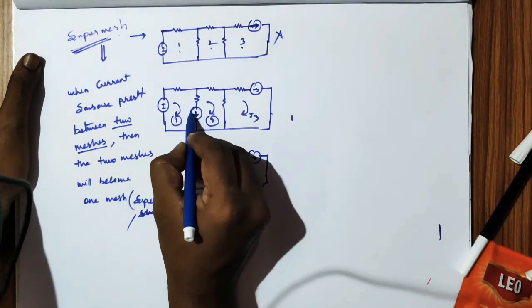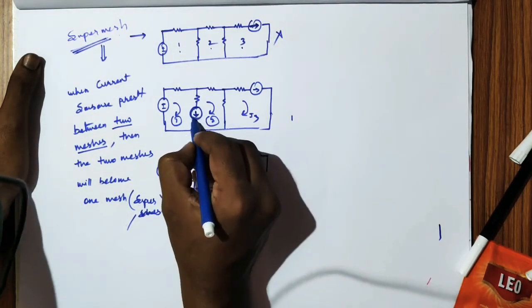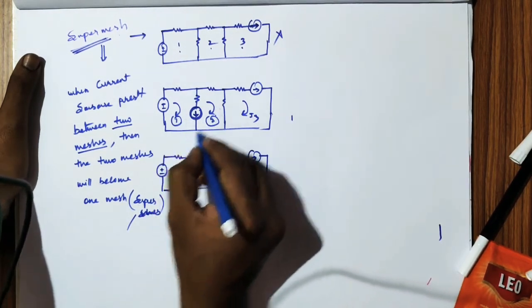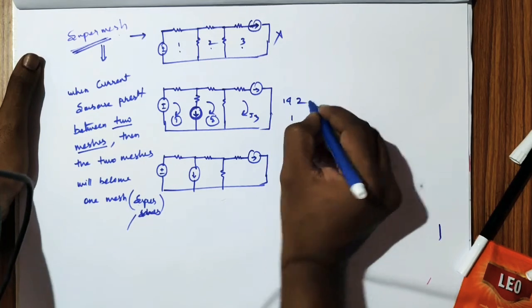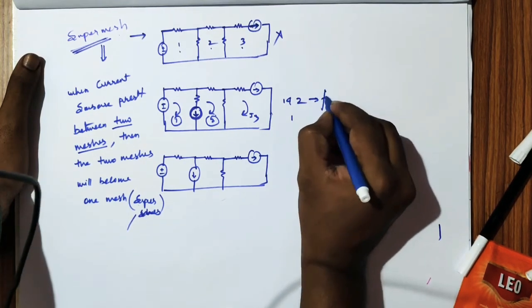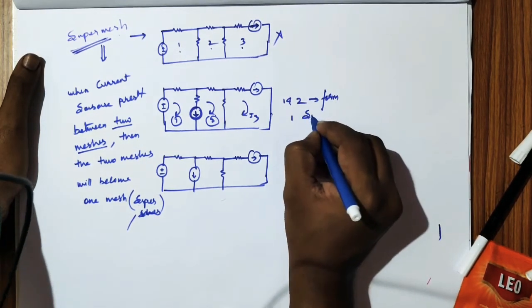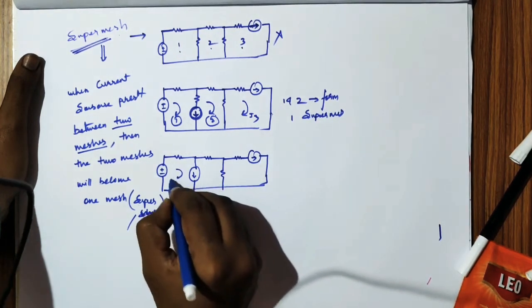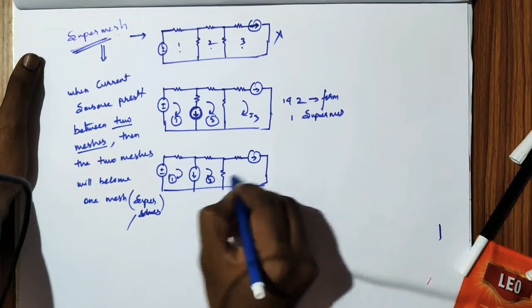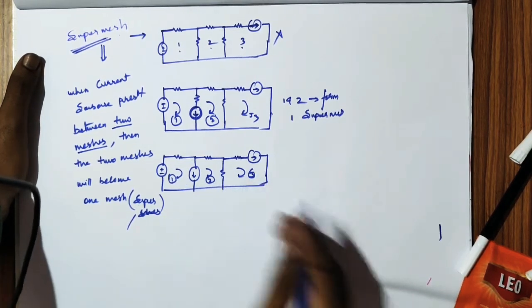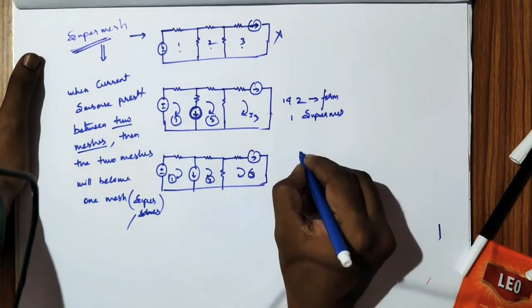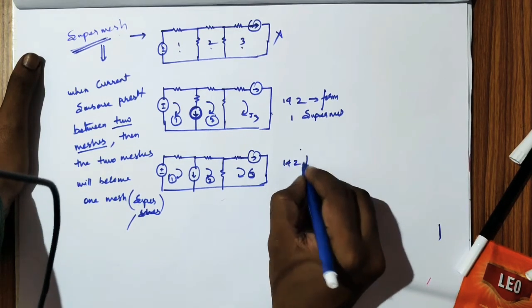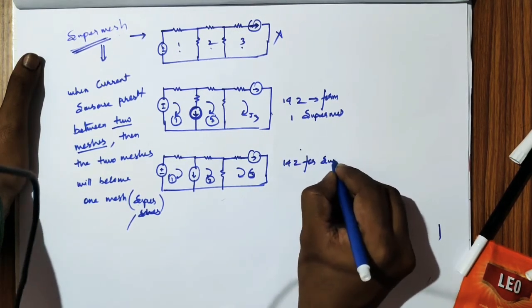There is one current source between two meshes, therefore mesh 1 and 2 form a super mesh. Here too, mesh 1 and 2 form a super mesh.